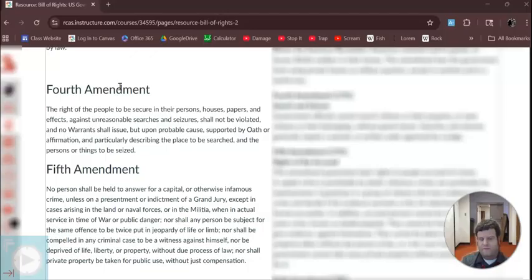But what this amounts to is the government cannot just kick in the door to a person's private home and seize things without good reason. There's a procedure for this. Often, to search and seize things from a person's private property, a warrant must be issued, and the warrant explains why these things are being searched and what they're expecting to find and things of that nature.